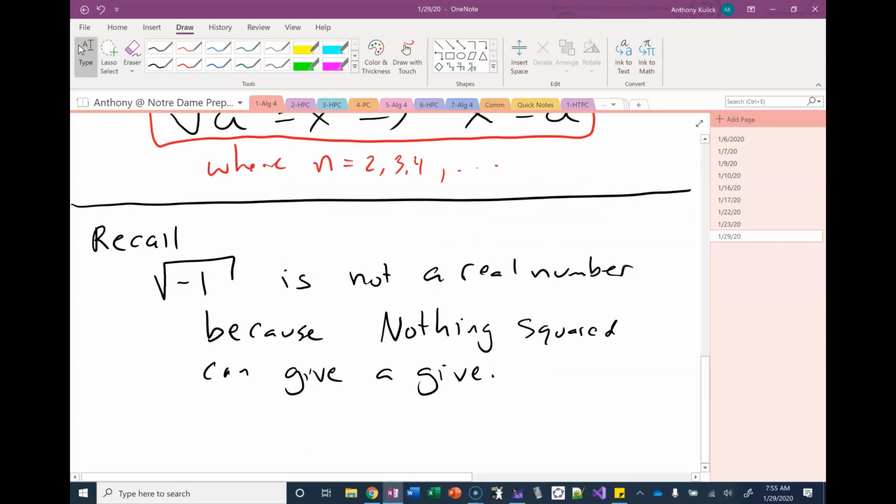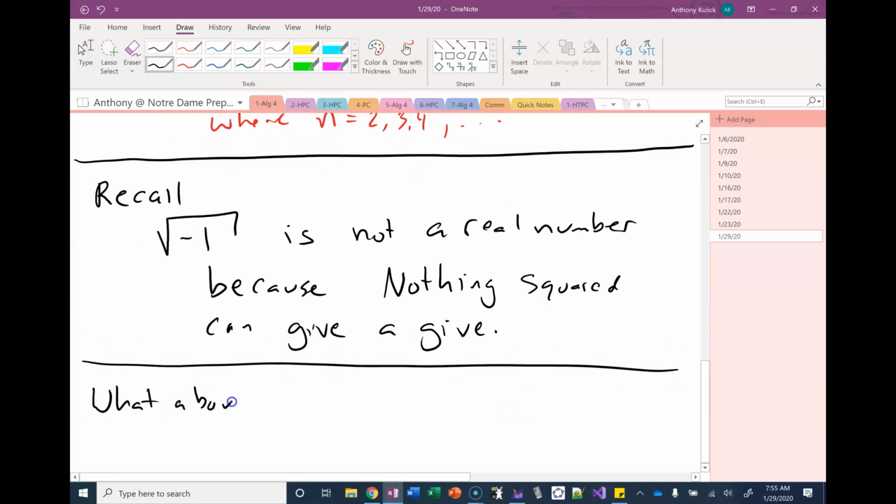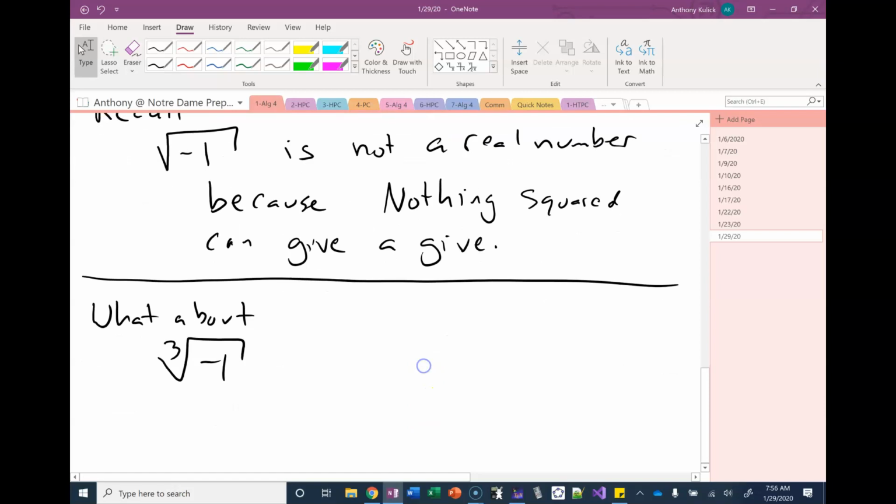Does this extend to all radicals? Well, let's just take one step forward. What about the cube root of -1? Can we do that? Well, if that has an answer, there should be something that I can raise to the third power to get -1.